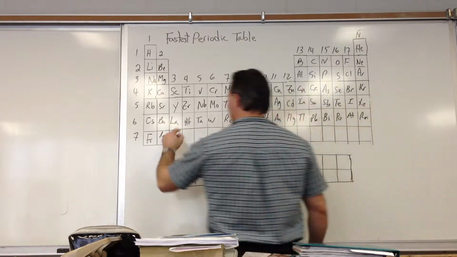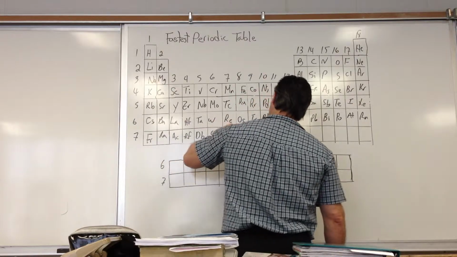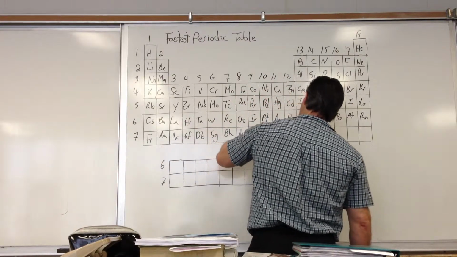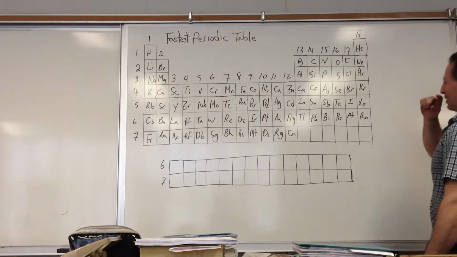Then this one says the symbols for the remaining heavy elements. That's all the elements in the main body of the table.